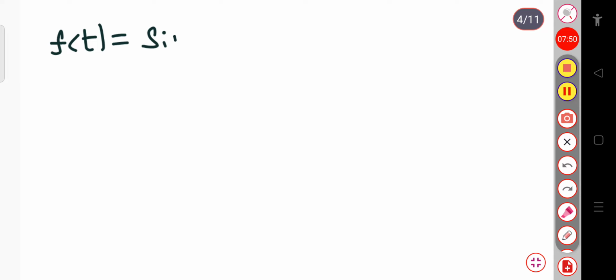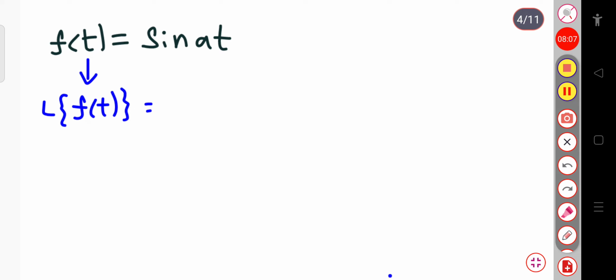This is not a hyperbolic function, this is simply sine at. Then the Laplace transform of f of t is a divided by s square plus a square. This is the Laplace transform of sine at.